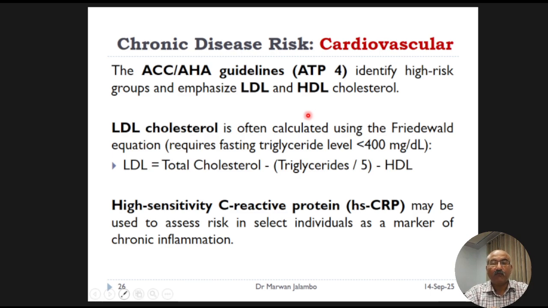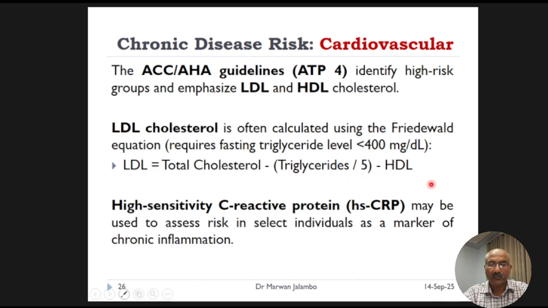The LDL value is often not measured directly, but is instead calculated using the Friedewald equation, which you see here. LDL equals total cholesterol minus triglyceride over 5 minus HDL.